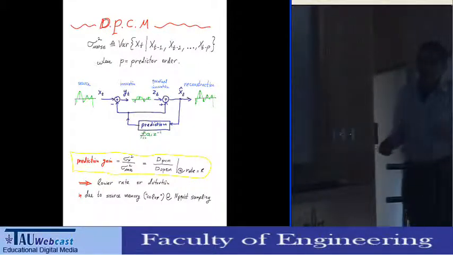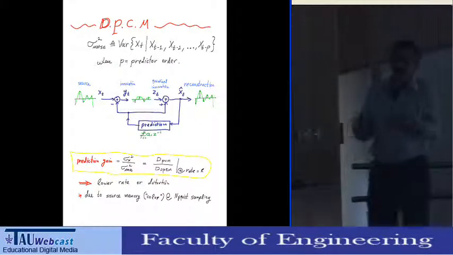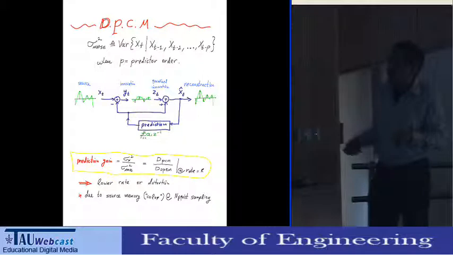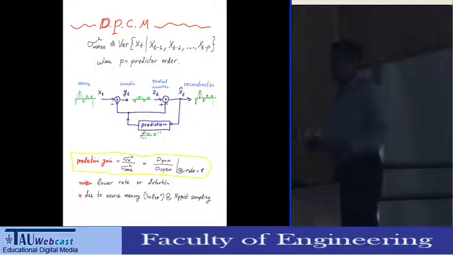The idea is inspired by taking the difference between samples. I'm predicting the next sample based on the previous samples, and I'm taking the difference between my prediction and the new source sample, and I'm only quantizing the innovations. The innovation signal is weaker by how much this quantity is smaller than the variance of the source, and so for the same number of bits I'm getting better distortion, or for the same distortion I need fewer bits, and this is how I'm gaining.